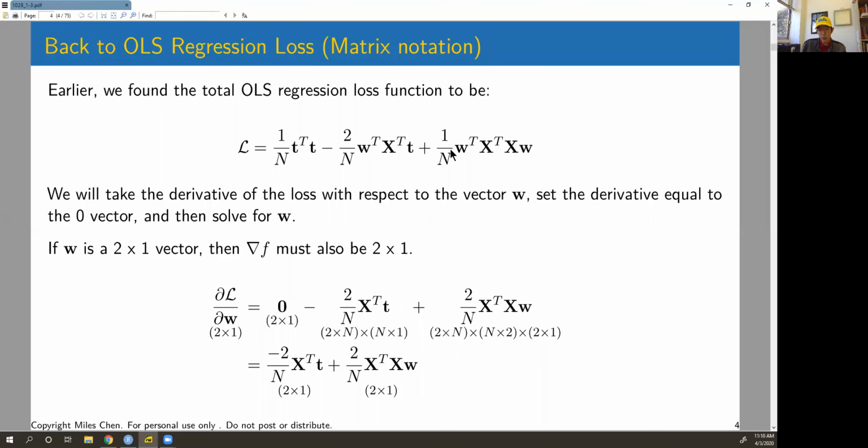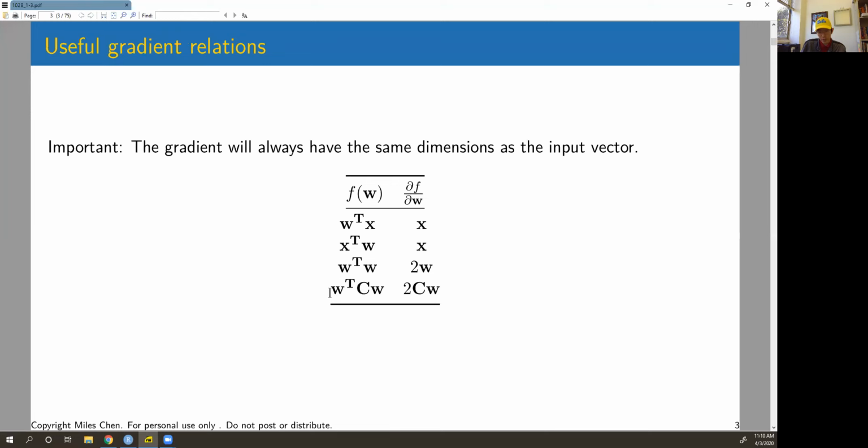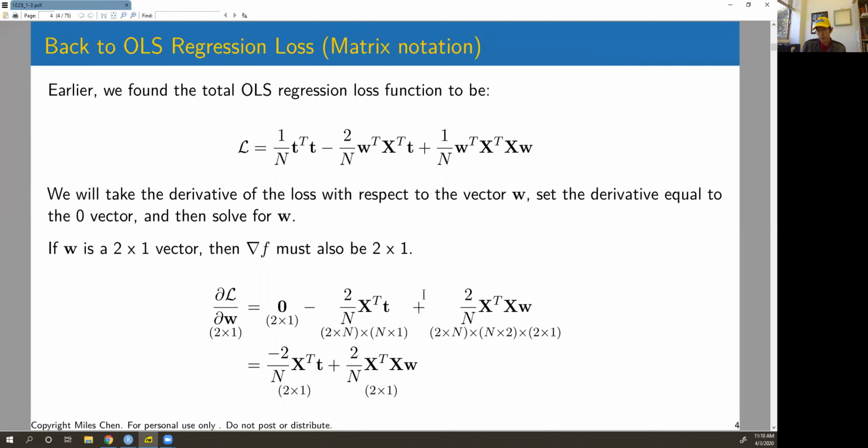we're going to get a 2×1. Here I've got 1 over n W transpose x times W, okay? So this quantity, W transpose x W, is pretty much this thing: W transpose times some matrix C times W, and the gradient of that with respect to W is going to be 2 times C times W. That's what I have here.